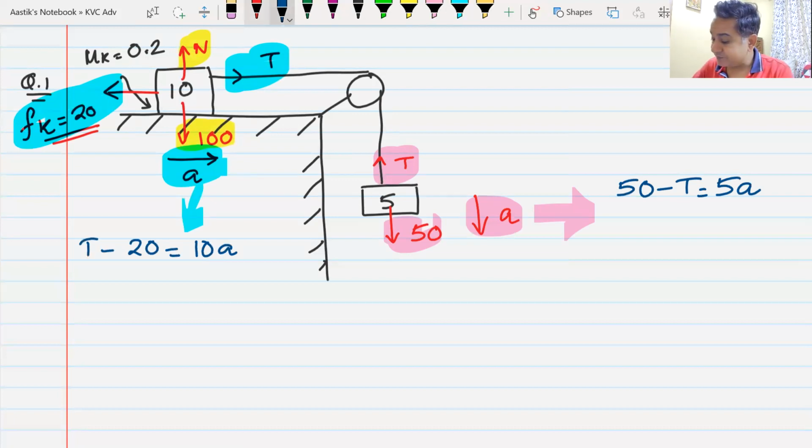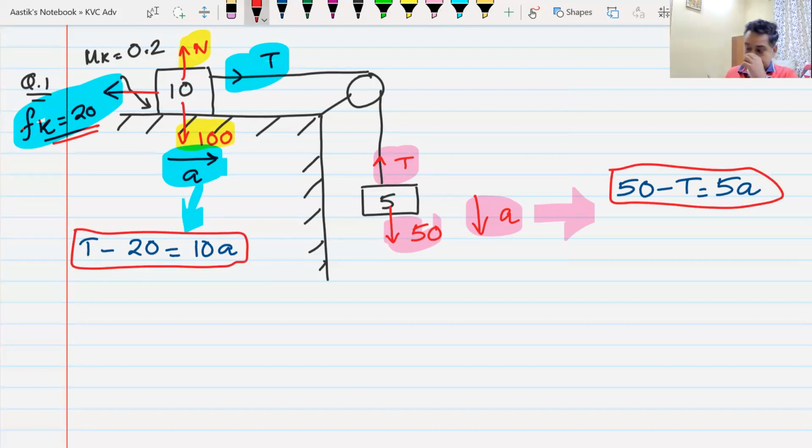Do we get this? Do you understand what mistake we are making? When you add these two equations, you will get the value of A. Once you get the value of A, you should be able to get the value of T and so on. It is as simple as it gets. Do we understand this?